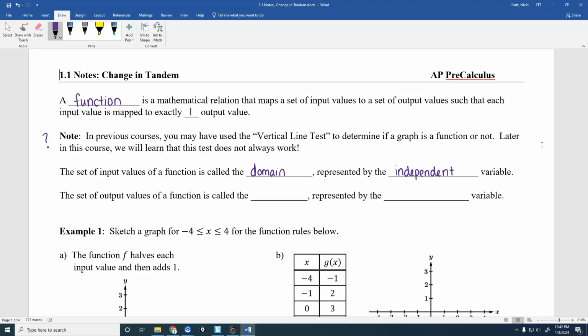What letter do you think of whenever you think of a domain? X, right? It is typically going to be your X variable. I'm going to put it there in parentheses. It does not have to be the X variable. Sometimes the independent variable is time, and they use a T. But if you are using X's and Y's, it is going to be on your X-axis.